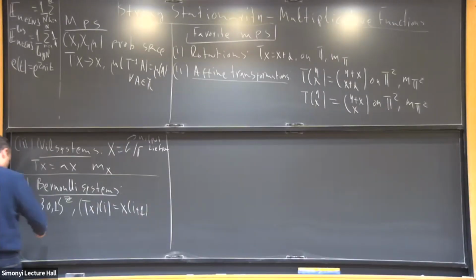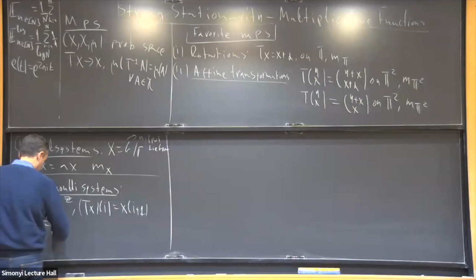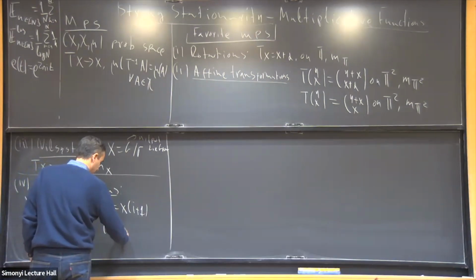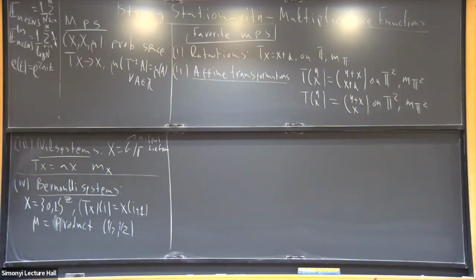And now as measure, we take the product measure, let's say the product half measure, but it could be 1/3, 2/3, whatever. Okay, this is the shift transformation. This is supposed to model random events.